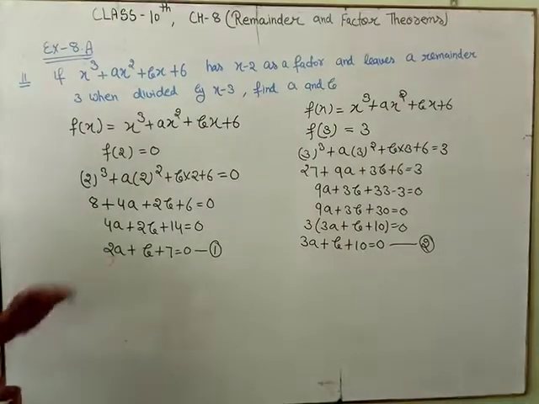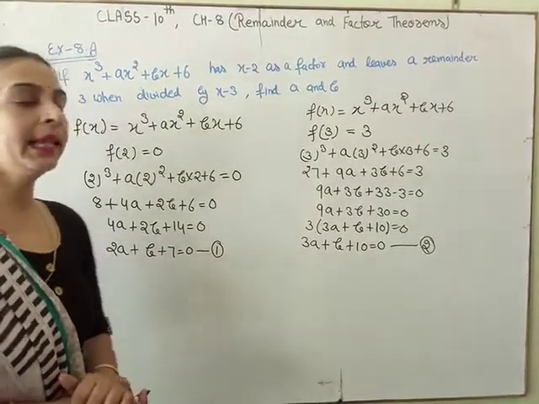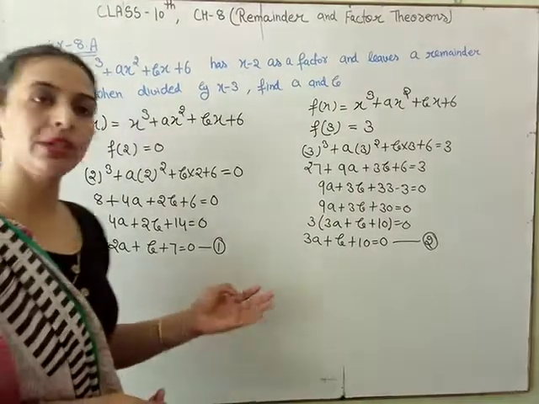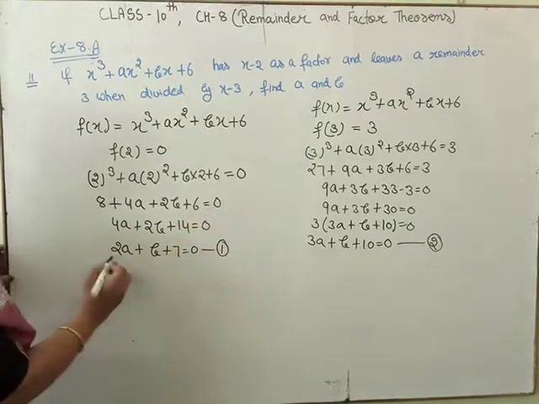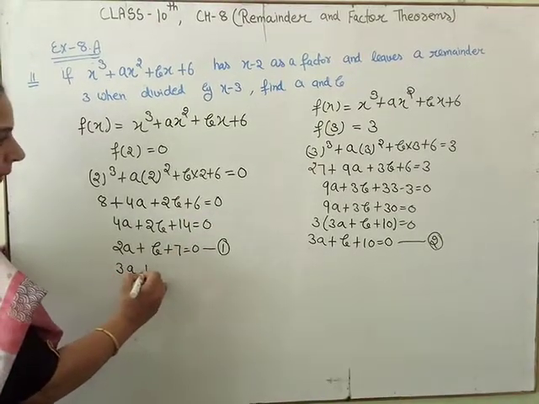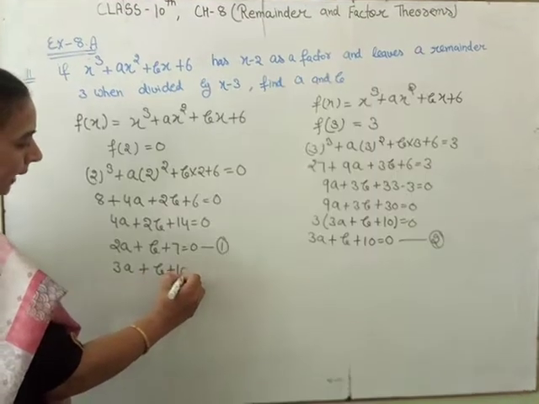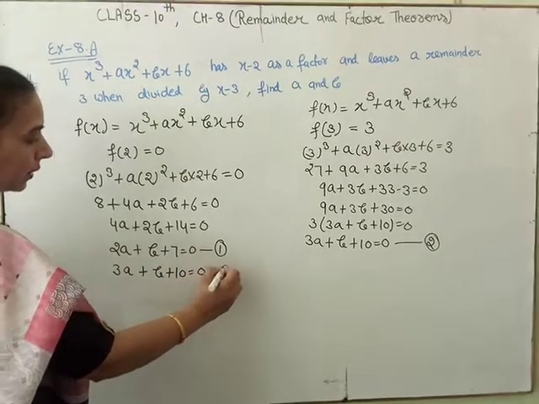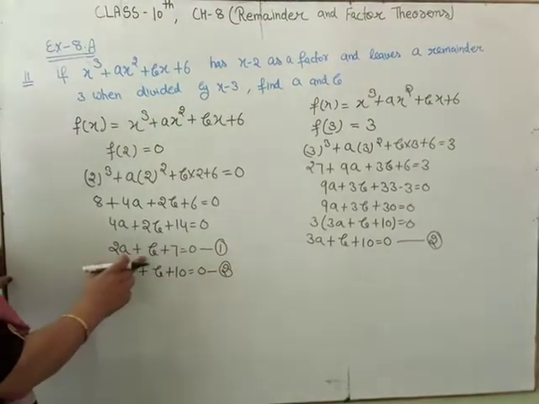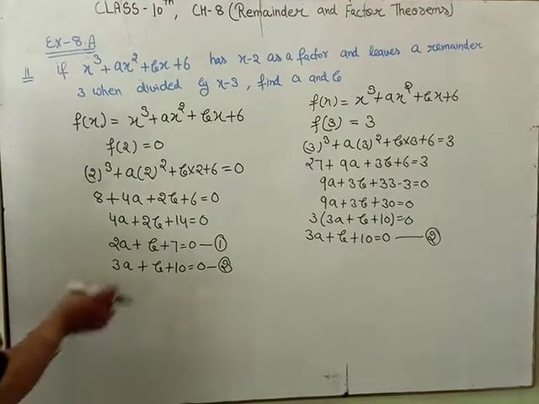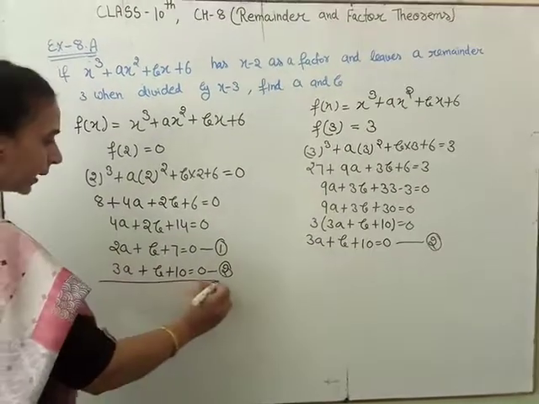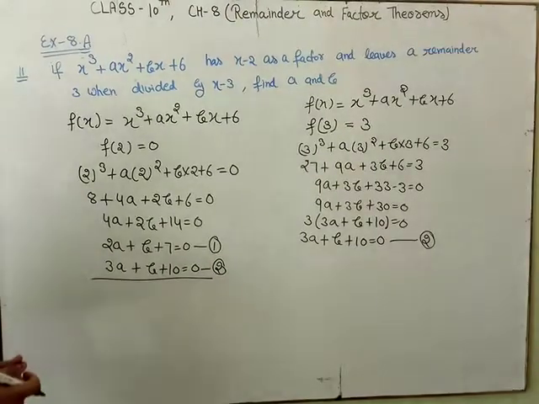Same as it is, we have the first and second equation. Then by solving the first and second equations, we find the values of a and b. We write equation number second, 3a plus b plus 10 equals 0. Student, the coefficient of b is the same and both are positive, so we subtract equation number second from equation number first.